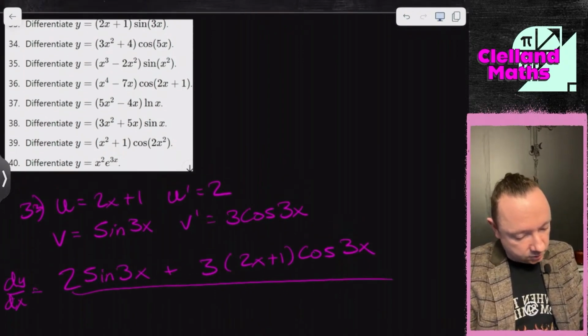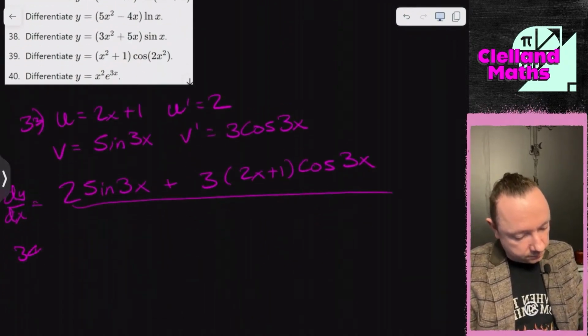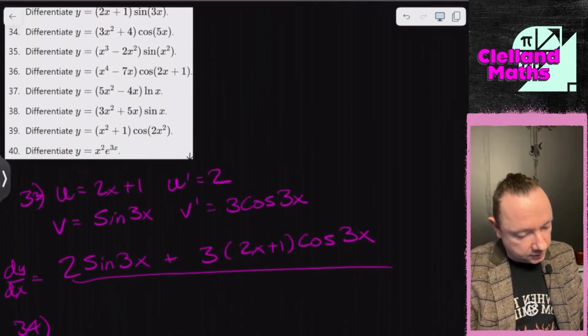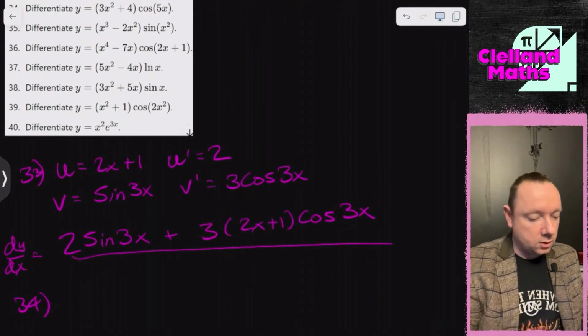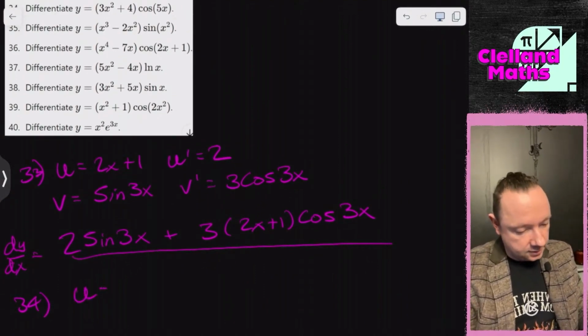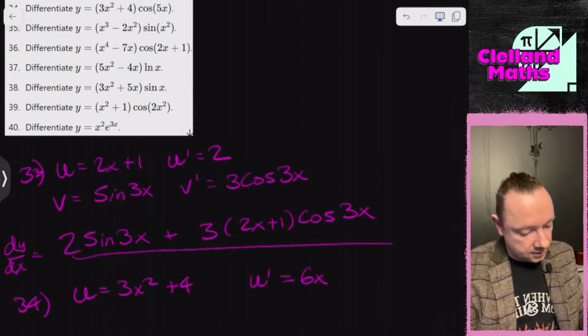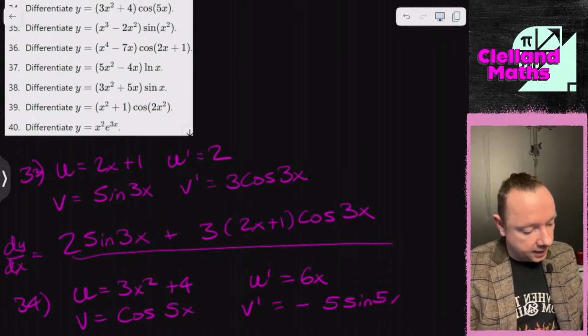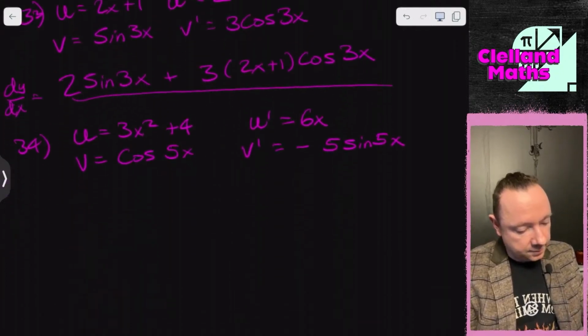33 that was, so let's do 34. So 34 is 3x squared plus 4 times cos 5x. U is 3x squared plus 4. U dash then must be 6x. V is cos 5x. So v dash is minus 5 sine 5x. Happy days.